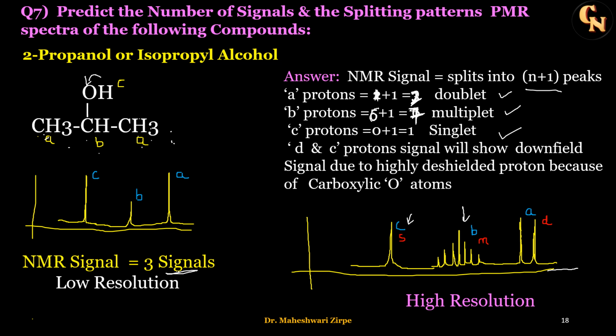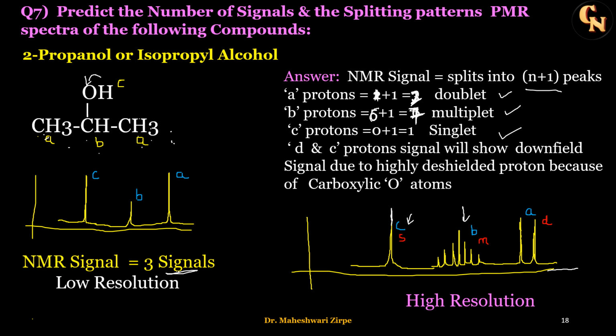So the C proton shows a single line, or singlet, in high resolution. This is how the number of signals and splitting takes place in NMR for 2-propanol, also called isopropyl alcohol.